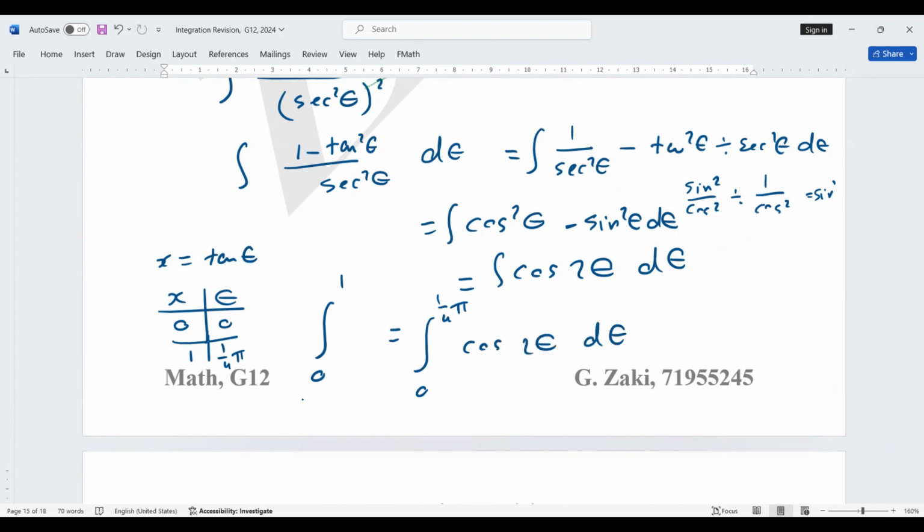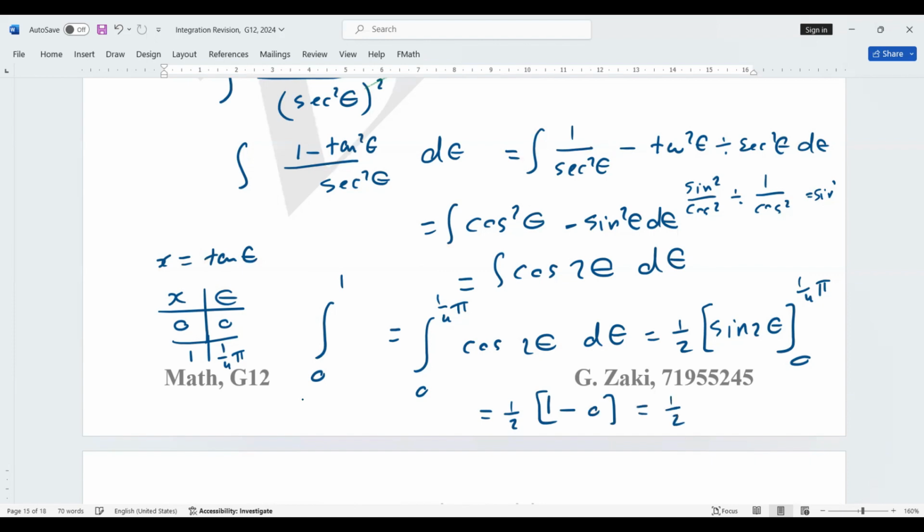The integration of cosine 2 theta is sine, but we multiply by 2 and divide by 2. So it's half sine 2 theta, and the limit from 0 to quarter pi. Then the answer is half, open bracket, sine 2 times a quarter pi, which is sine of pi over 2, which is 1, minus sine 0, which is 0.